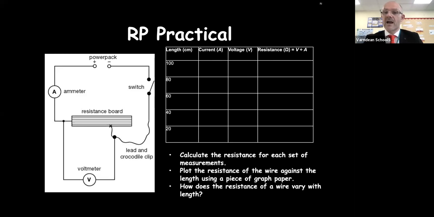I will calculate the average potential difference of my 3 voltages, and I will use V equals IR to calculate my resistance. You could then plot a graph of resistance of the wire against length, and you would be able to talk about any relationship that there was between those 2 things. That would be a nice, clear method.